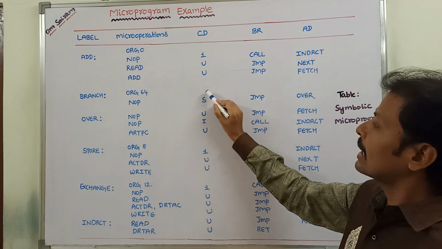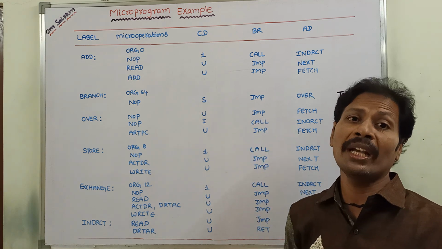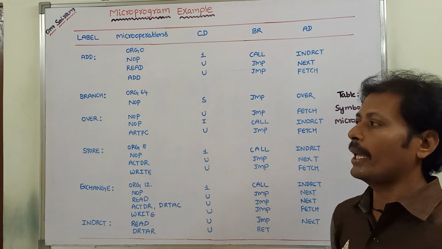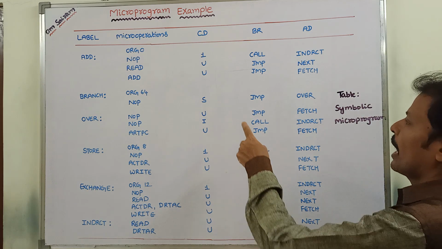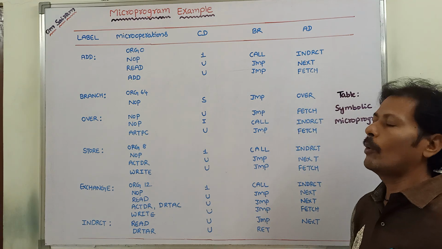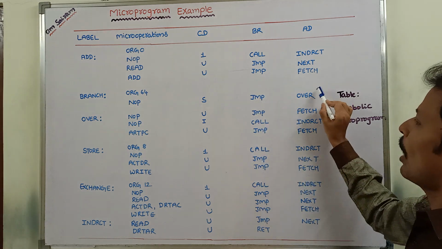Then CD contains S, so here we have to check the sign bit value. If the sign bit value is 1, then we have to call the over field. BR contains jump field. Then what is over?